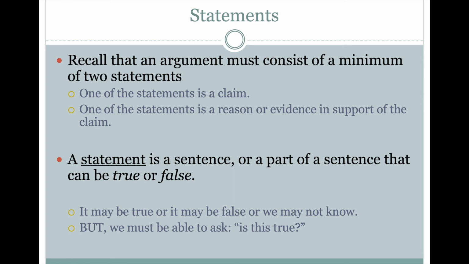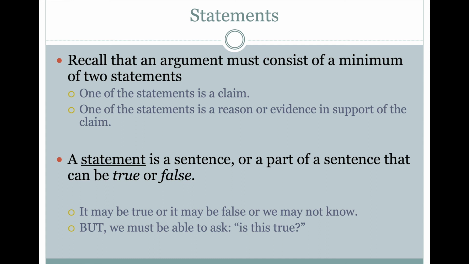It may be true or it may be false, or we may not be able to know for certain whether it's true or false. But the key thing is it's a sentence or a part of a sentence that can be true or false. We have to be able to ask, is this true? Okay? That tells us that we have a statement.